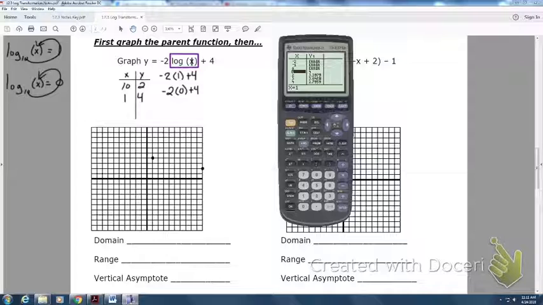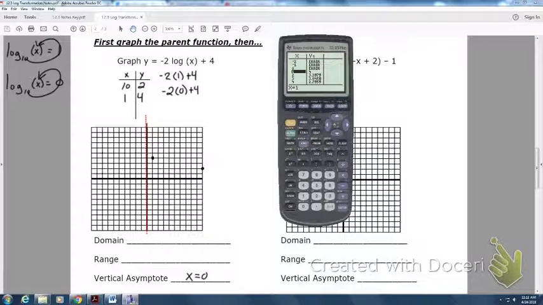But on this problem, what is the C value? 0. So this one is 0, which is going to make my vertical asymptote x equals 0. So there's my vertical asymptote. It's just right on the y-axis.